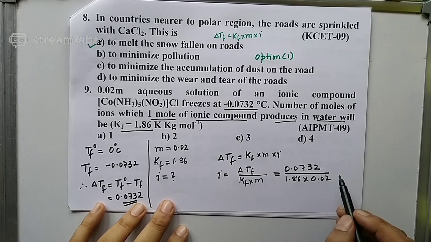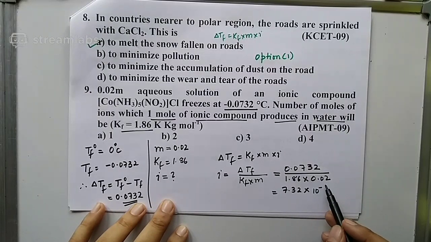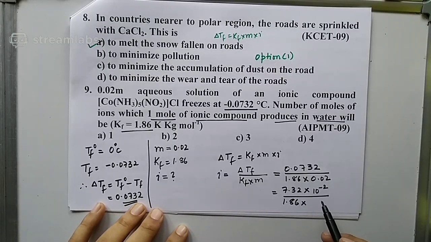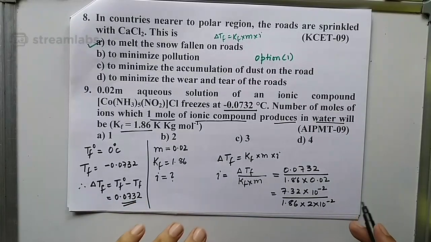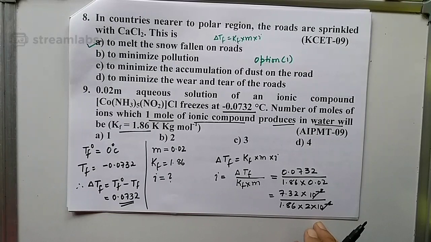Now you can write this as 7.32 into 10 to the power of minus 2 divided by 1.86 into 2 into 10 to the power of minus 2. 10 to the power minus 2 cancels. So you can easily find 1.86 into 2.